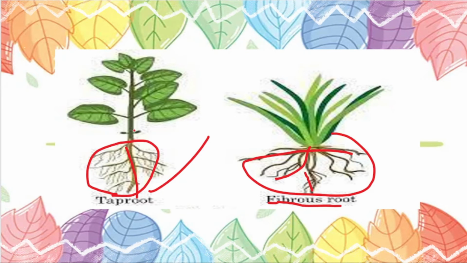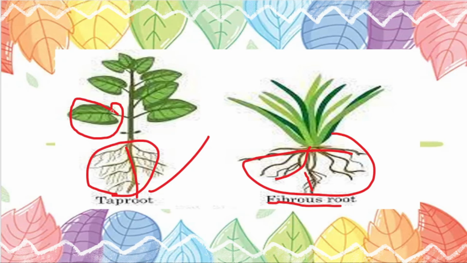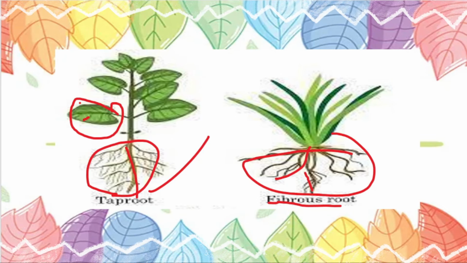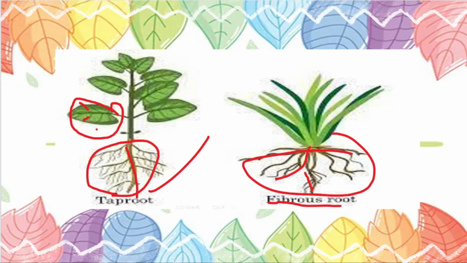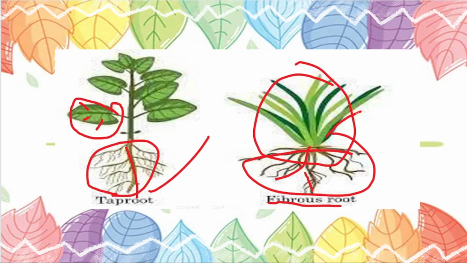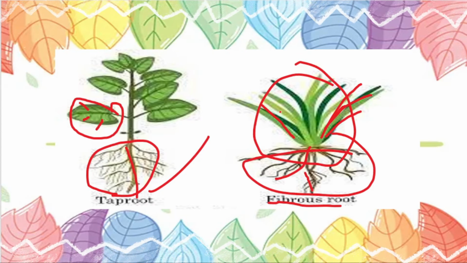So we can see that tap root plants have reticulate venation kind of leaves, isn't it? The pattern is like a reticulate, the net-like structure. And in the fibrous root, we can see the leaves are elongated, and parallel venation is there.